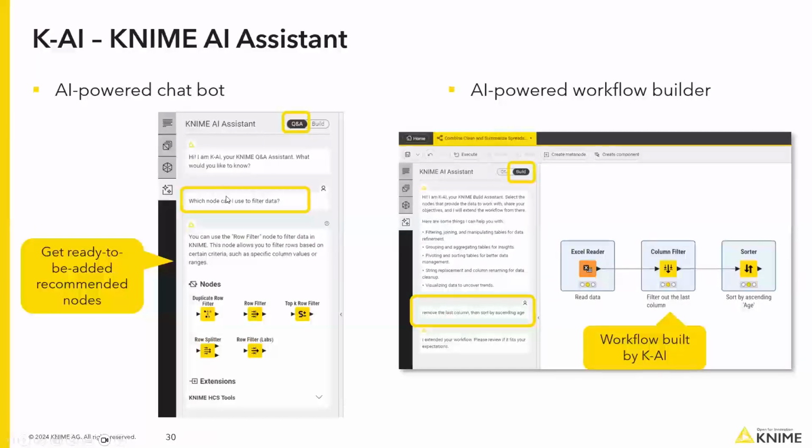You can ask it, how do I perform a particular task, and it can provide you with some suggestions on which nodes to use, for example, and it will also provide the nodes already here, and you don't even have to go back to node repository. You can drag and drop them directly from here, or you can click this build mode and actually ask it to directly build a workflow for you.